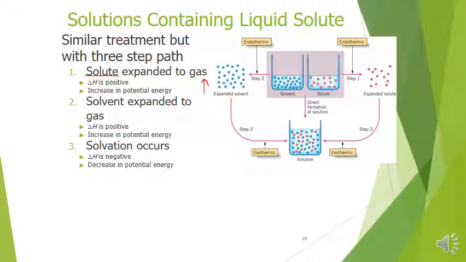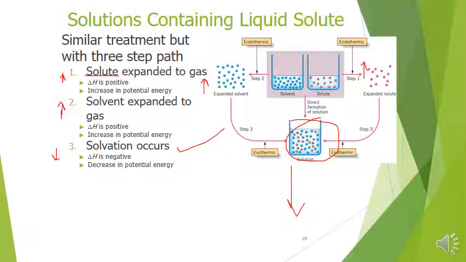The second thing is the solvent has to do the same thing, and that's also going to be endothermic. Then the mixing of the two, with the intermolecular interactions, will be solvation, and that delta H is negative. So the first two are positive and then negative.